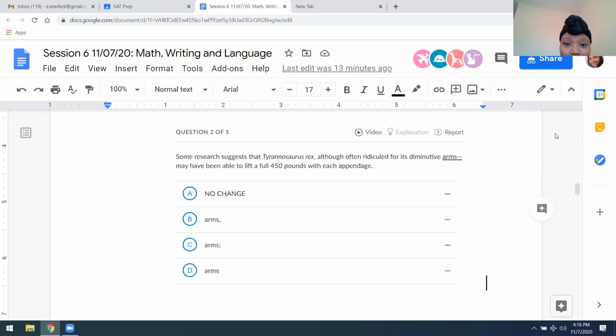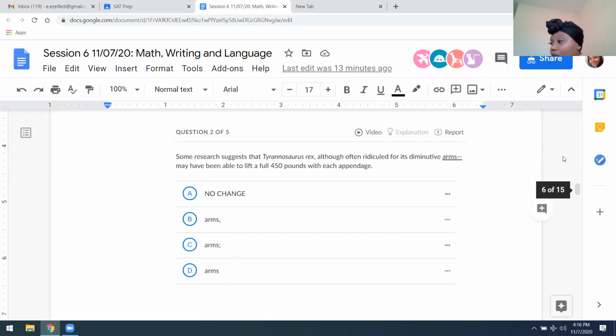So right there, I took out the part that was potentially non-essential. We have to determine if it is or not when we're faced with these problems. But I took the potentially non-essential phrase out and it was still a complete sentence and expressed a complete thought. So that tells me that phrase is not essential to good grammar, although it does flesh out and give more descriptions and details. It says that they had diminutive arms.